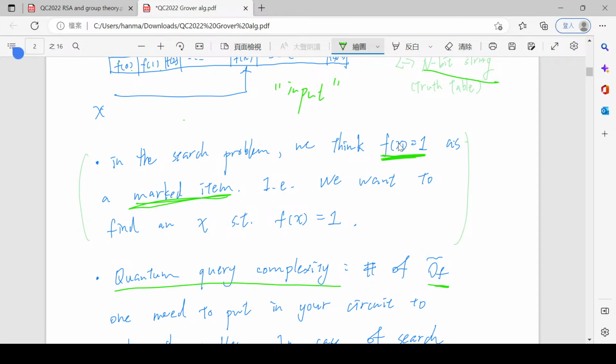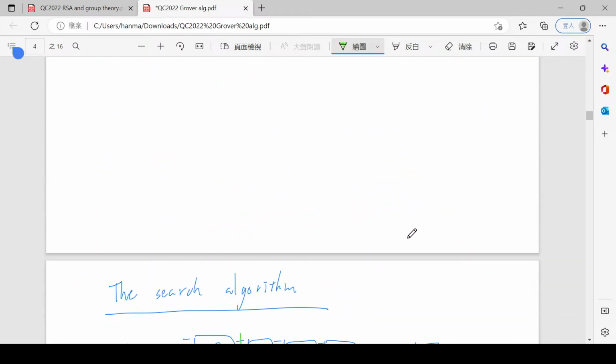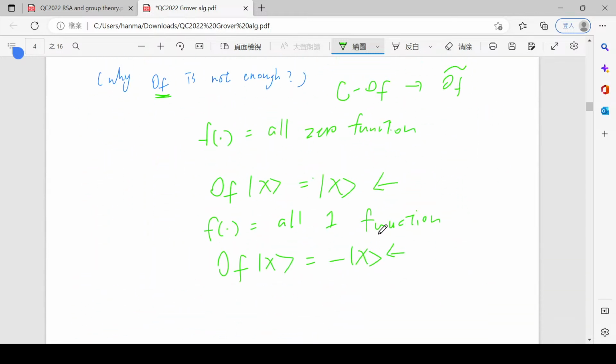So we want to find some x such that f of x equals 1. Okay. So next time we'll do this a bit more carefully. Again, hopefully we don't have trouble with OBS anymore.